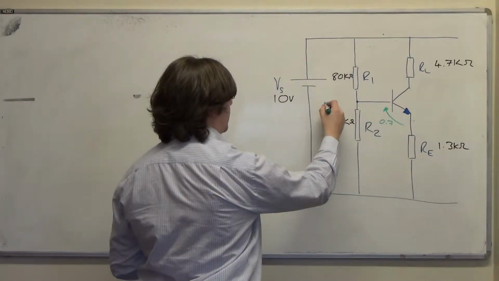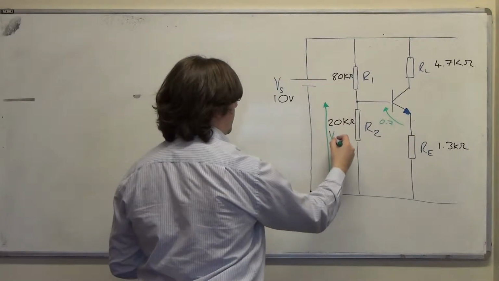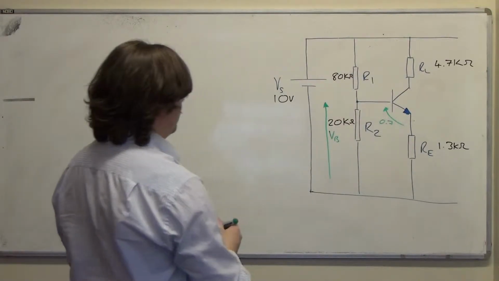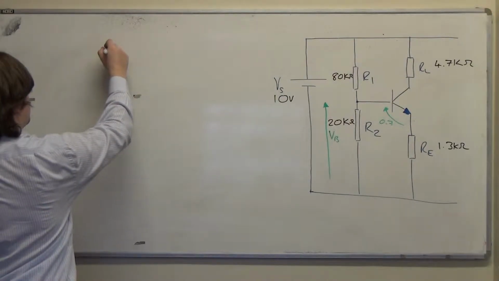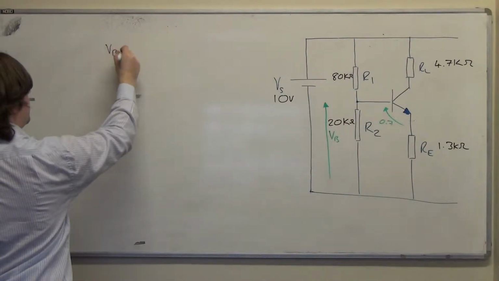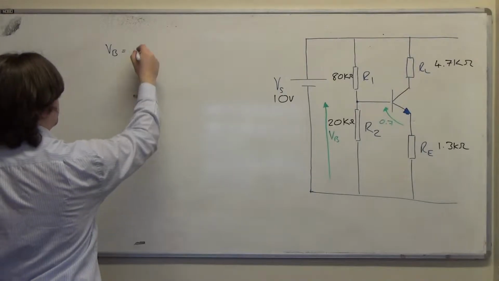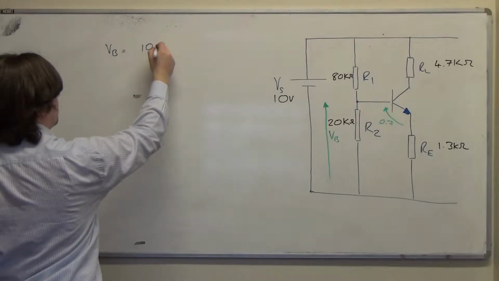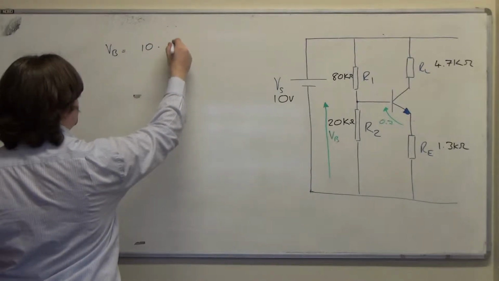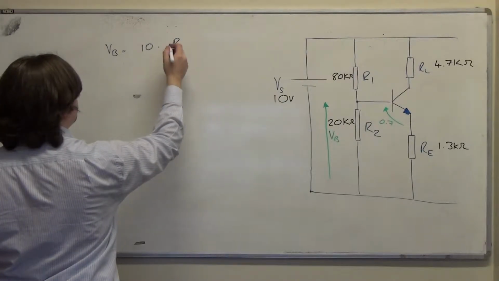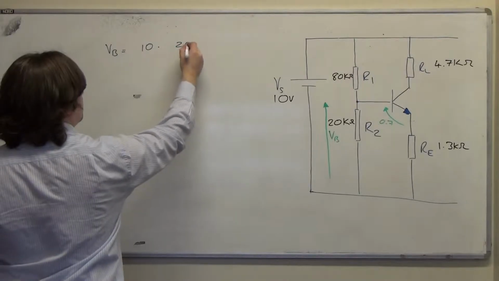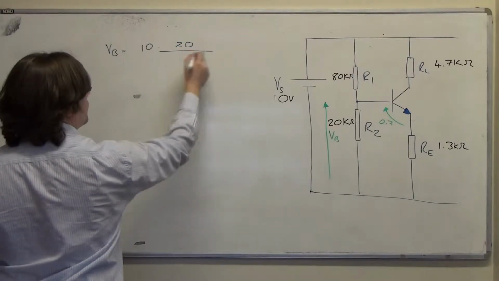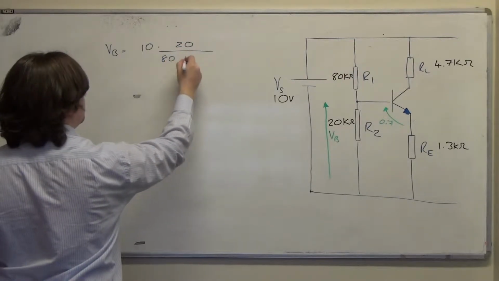So this will be VB. If you wanted to write the equation out properly, I'd write VB is equal to 10 volts multiplied by R2, R2 is 20, I'll do it all in kiloohms, over 80 plus 20.